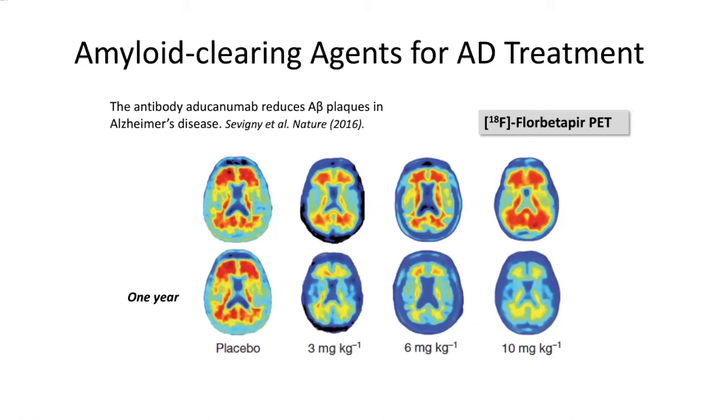This is just an example from one of their earlier studies showing that in patients who got a placebo, the amyloid stayed about the same, but if you gave the drug, they actually could remove this, and we could study this with PET. So a very exciting thing to watch will be whether the FDA actually approves this drug as a potential first disease-modifying treatment for Alzheimer's dementia, because there's quite a lot of controversy in terms of the studies they performed to get to that stage.